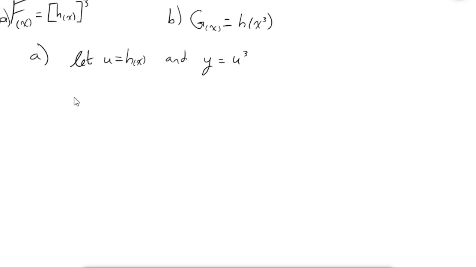So using our chain rule, we know that big F prime of x is equal to the derivative with respect to x of our function h of x cubed, which is equal to the derivative of that guy, so dy by du multiplied by du dx.